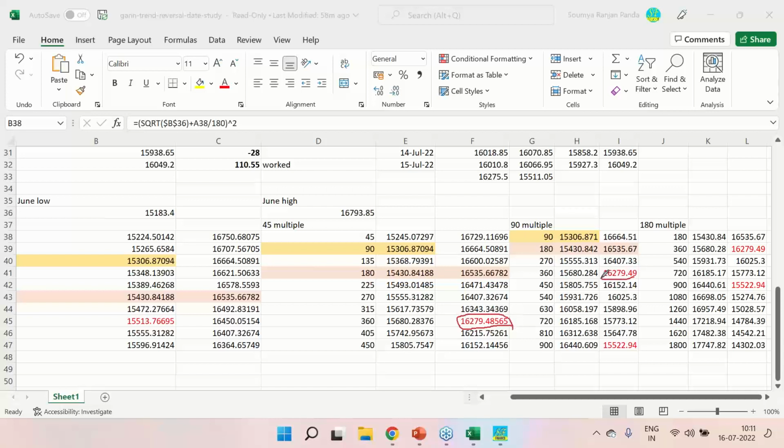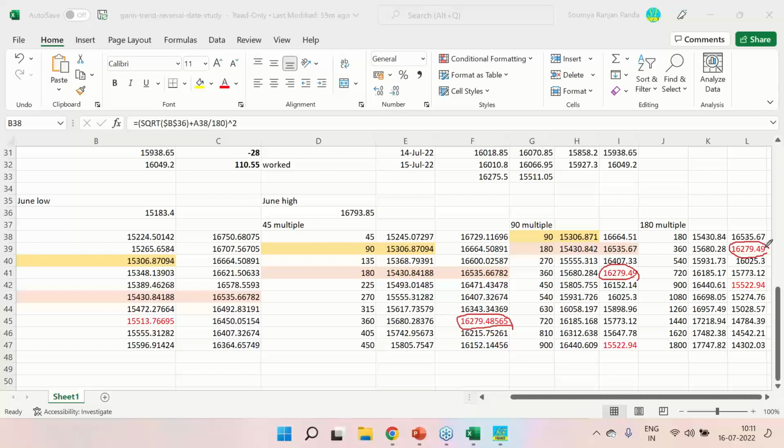16,279 or 16,000 is the toughest resistance. Once this gives a penetration, we will find the next one: 360, and the next 45-degree multiples in the higher order. This is very important.